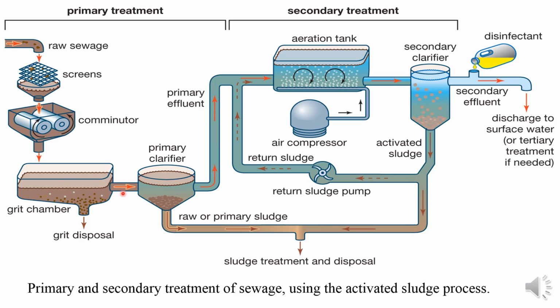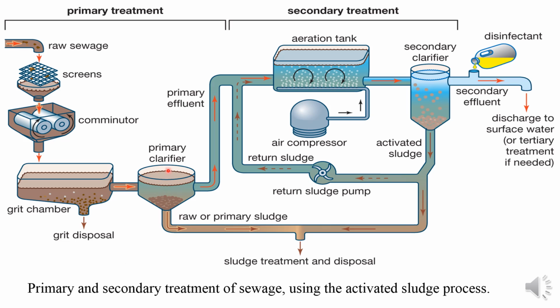Then the water is moving toward the primary clarifier, which is also the sedimentation tank. Here the water is kept for about 2 hours. In that time, most of the suspended solid particles become settled down in the form of sludge, and that sludge can be removed through this pipeline for its treatment.